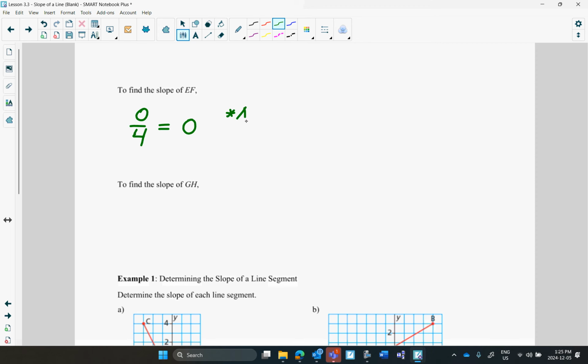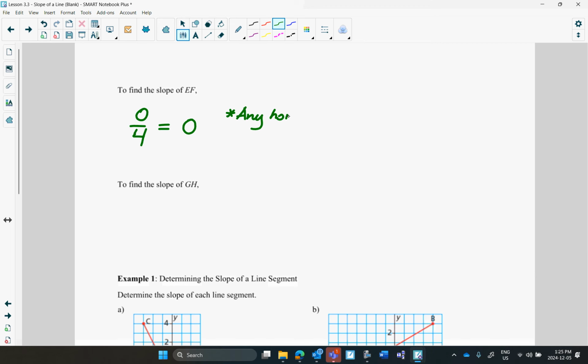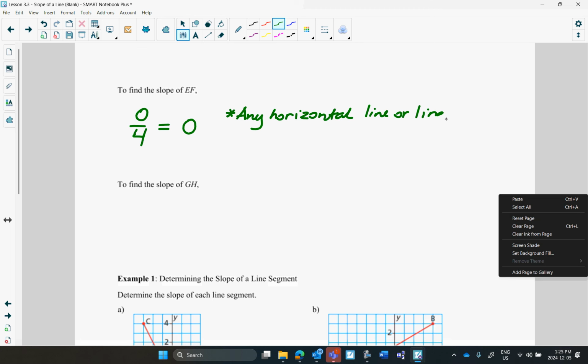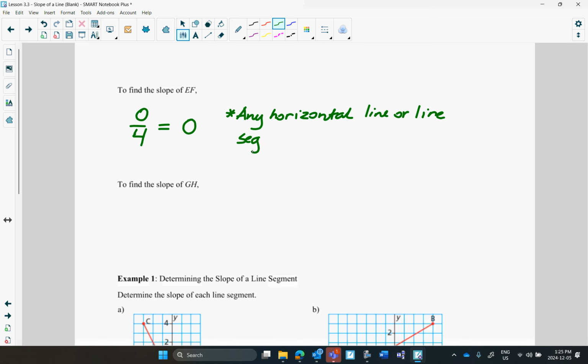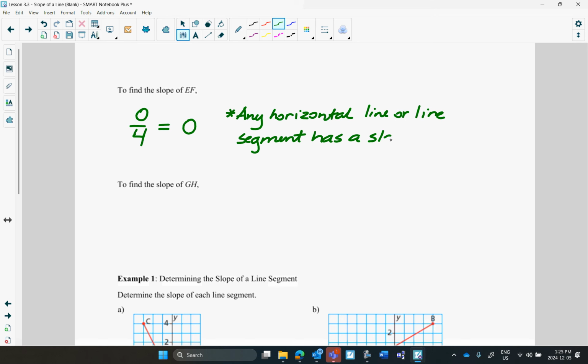Any horizontal line or line segment always has a slope of 0. It's just not slanted at all.